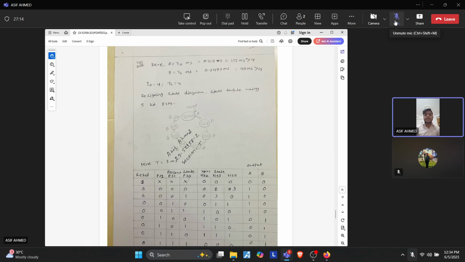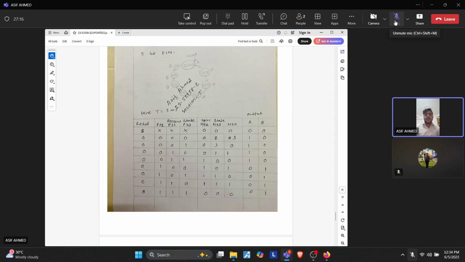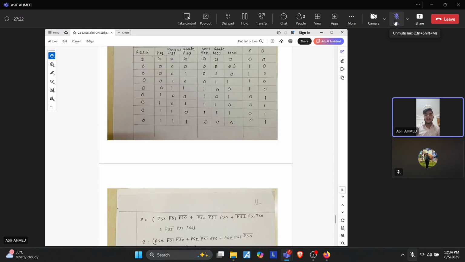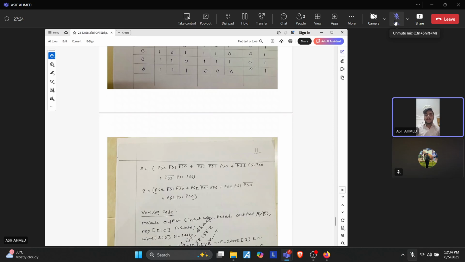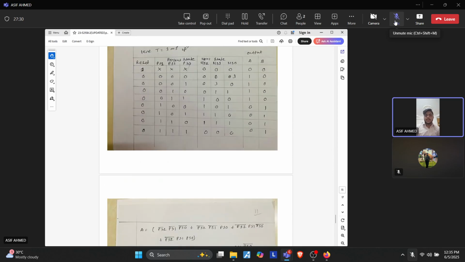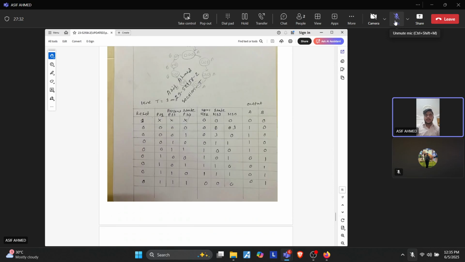I simply made the state table from the state diagram, and from the state table I calculated the A and B values. For A, we have to see where 1 is available.